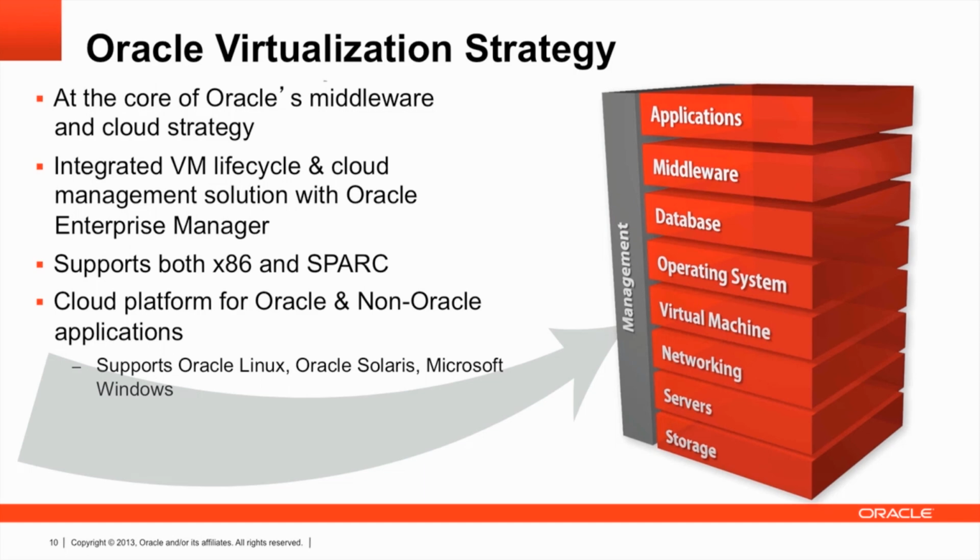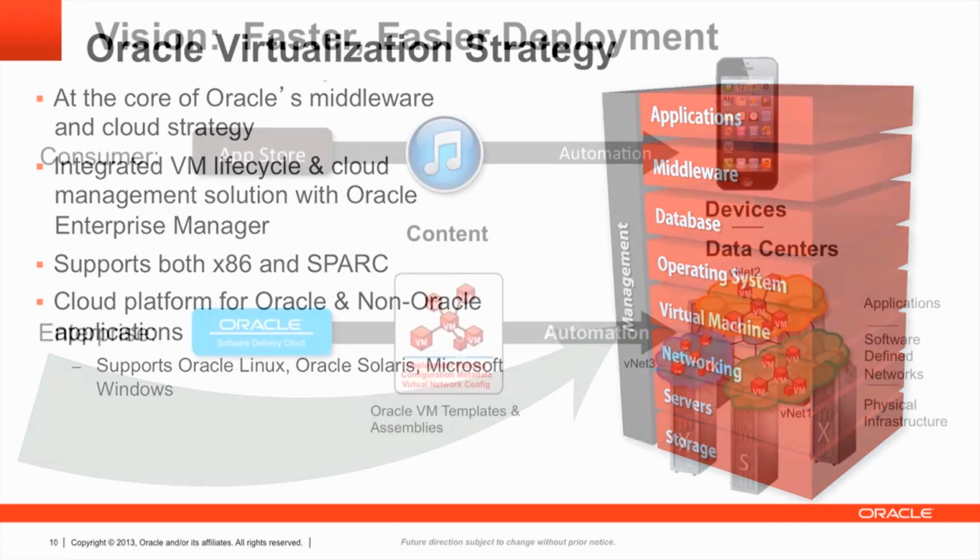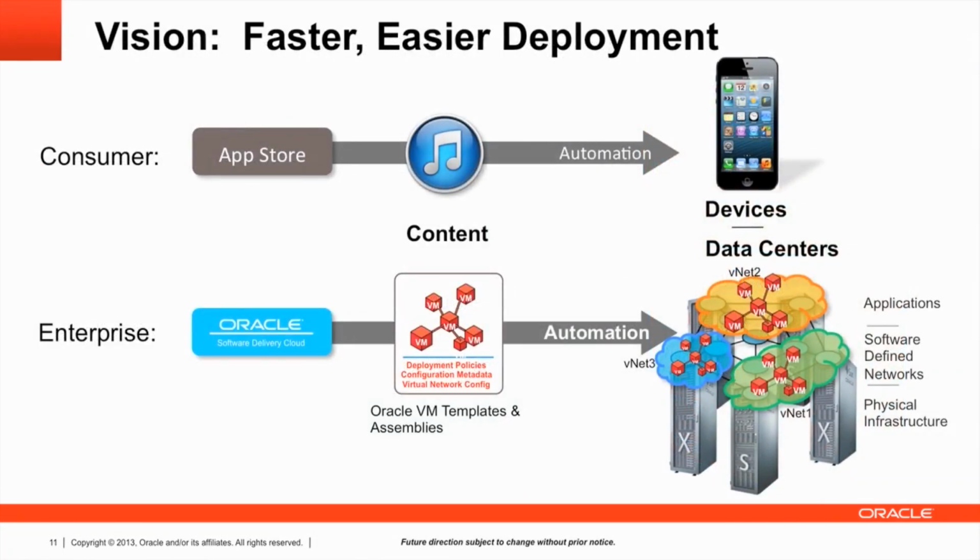In terms of workloads, Oracle VM supports Linux, Solaris, and Windows. Part of that integrated vision is making IT easier, making the transformation of IT manageable, keeping it low cost moving forward, and making applications and infrastructure easier and faster to deploy.